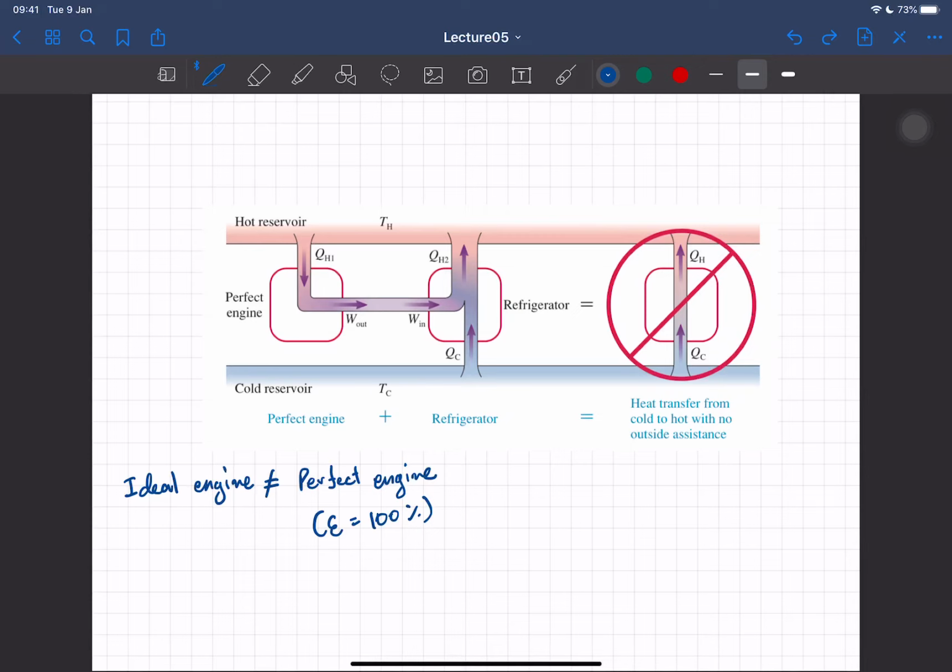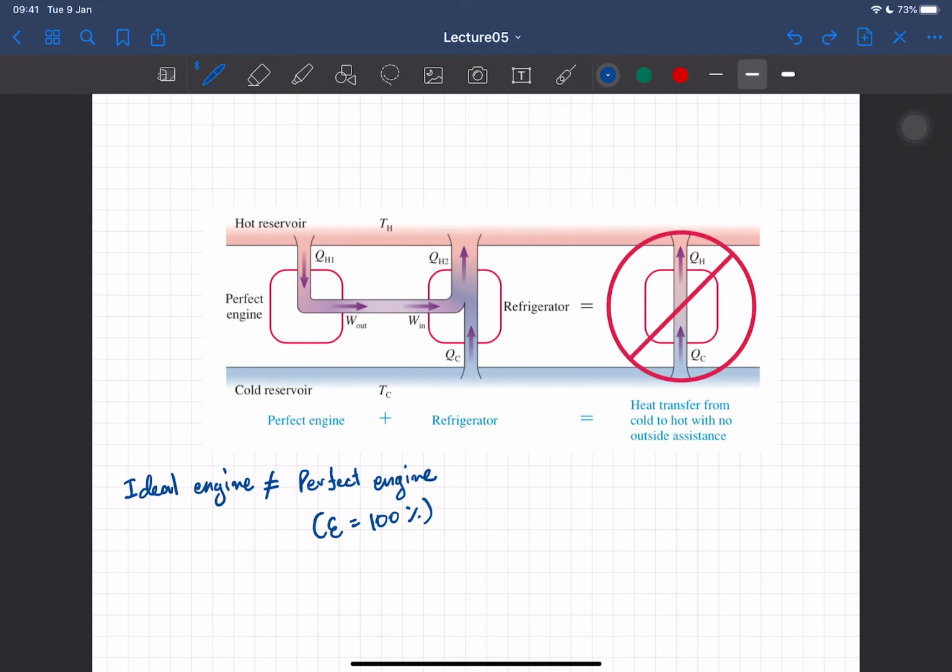And assume that we have probably not a perfect refrigerator, like an okay refrigerator. An okay refrigerator means that you need to put in some work in order to extract some heat from the cold side, and then you dump everything into the hot side. Okay, so just one quick remark here is that it should be clear from the diagram that work plus QC equals QH, just from the conservation of energy.